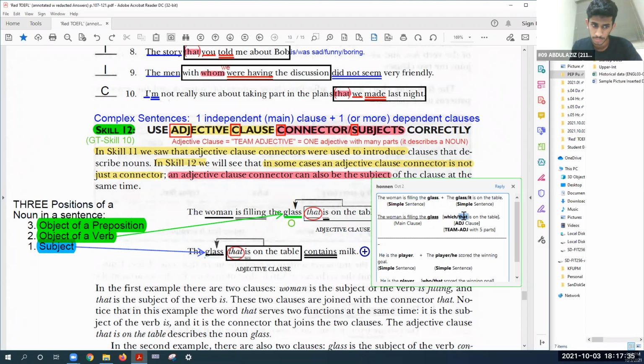Yes. Now, on Thursday when I did skill 11, what did I tell you? There was a special rule for skill 11. Special rule about the connector. Does anybody remember the special rule? It's optional sometimes. Very good, Ali. In skill 11, the connector is sometimes optional.